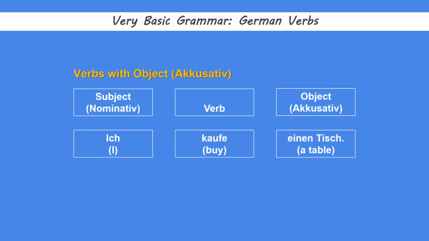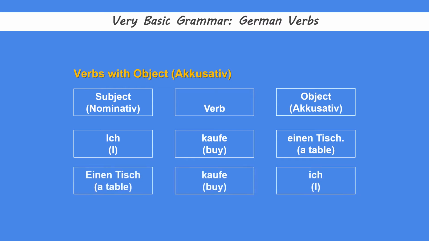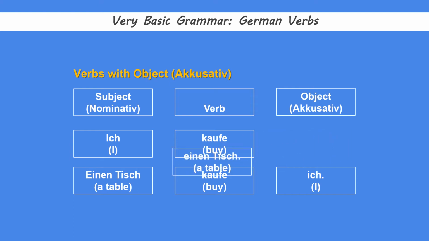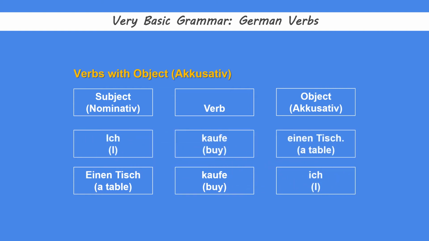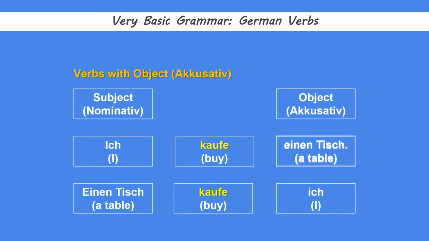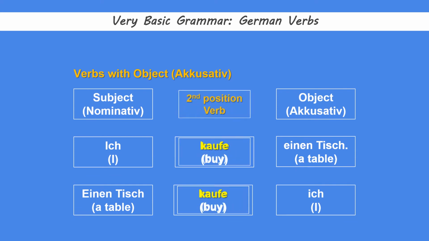For example, we can say, Ich kaufe einen Tisch, but we can also say, Einen Tisch kaufe ich. We can change the position of the subject and direct object without changing the meaning. Both sentences mean, I buy a table. But the verb is always in the second position.